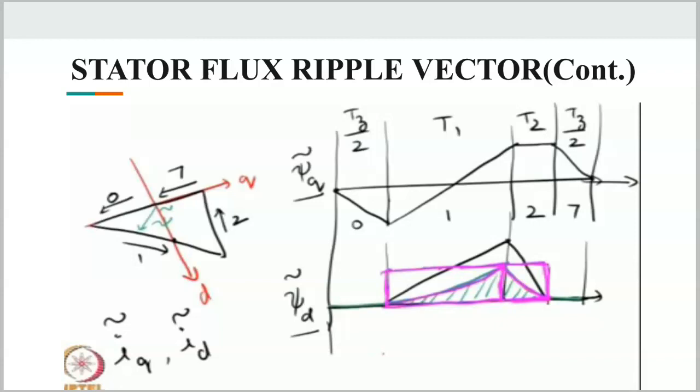Here it becomes negative. We can see in the waveform that when 0 is applied it goes into the negative state. When 1 is applied it moves towards the positive direction. When we apply active state 2, the xq is more or less flat.